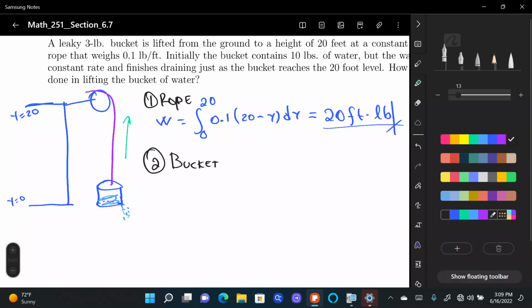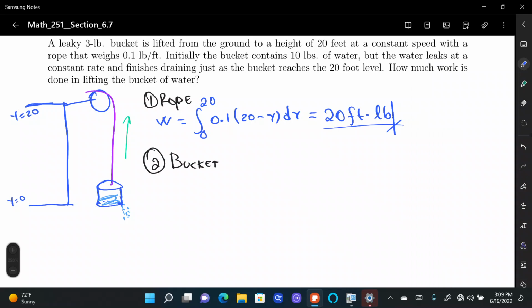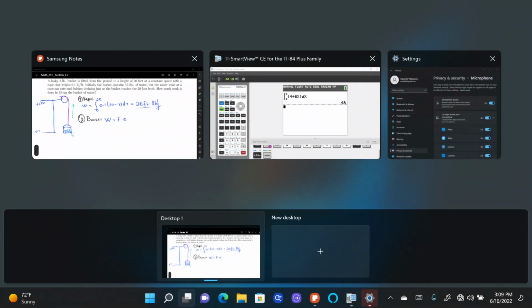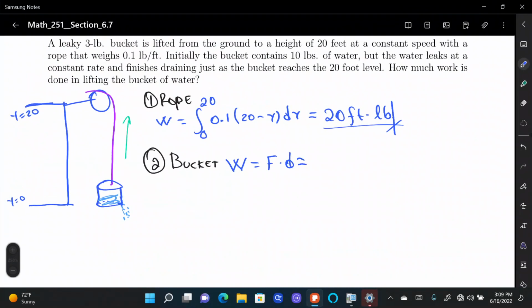All we have to do here is simply work equals force times distance, which in this case the force is 3 pounds, and a distance of 20 feet, and that's going to be 60 foot-pounds.